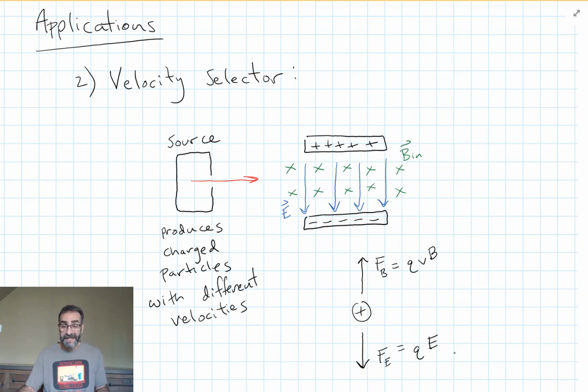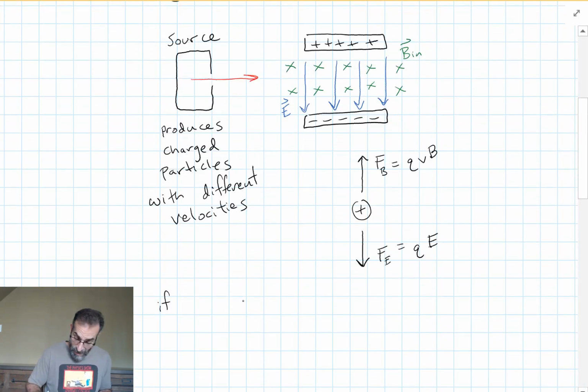One of these forces is constant. The electric force is constant. The magnetic force depends on the velocity of our particle. So if our electric force is equal to our magnetic force, then the particle moves in a straight line.